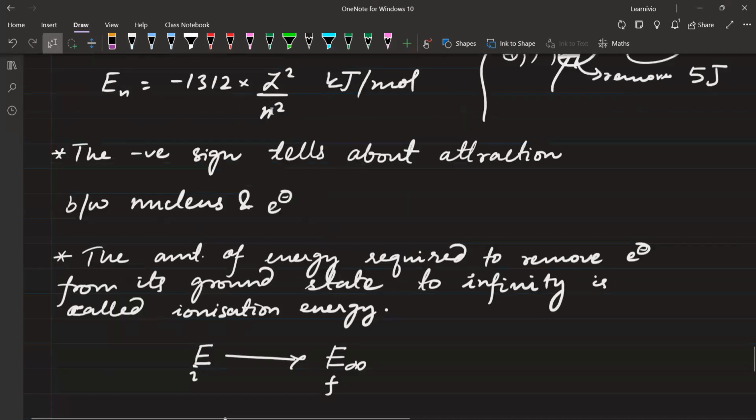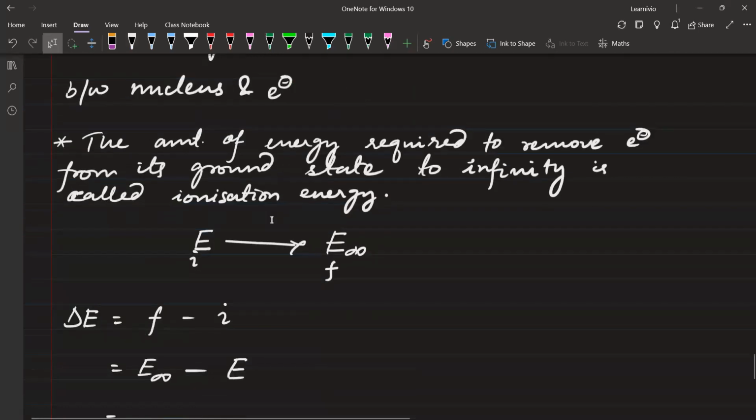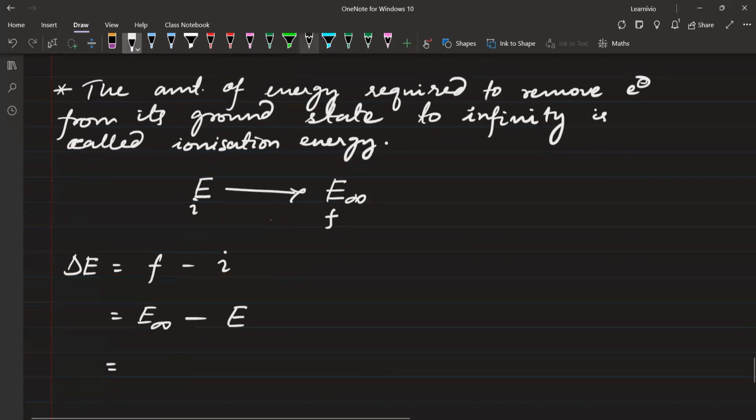वैसे मतलब infinity को यहाँ पे रखा नहीं जा सकता in the denominator, मैथमेटिकली सही नहीं है, but to understand we can say that if we have removed the electron from the atom, there will be no force of attraction between electron and the proton, and that's why there will be no energy.